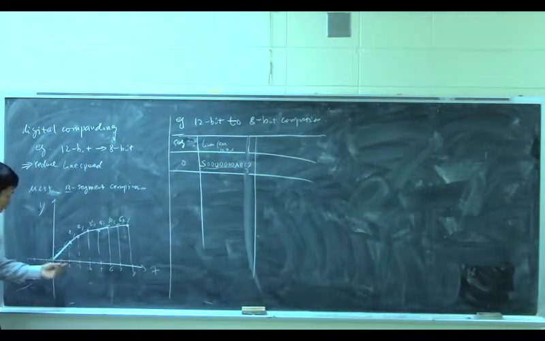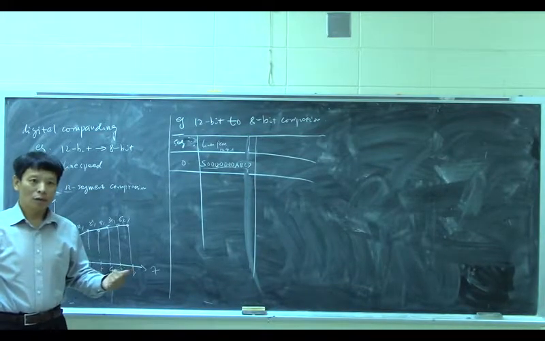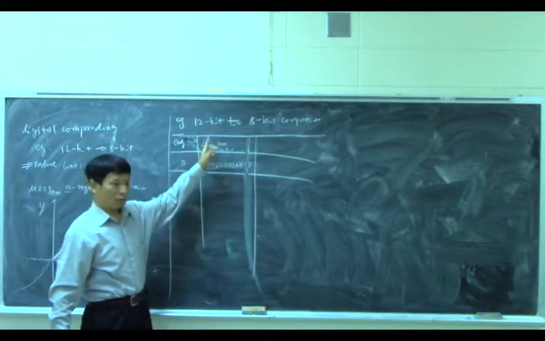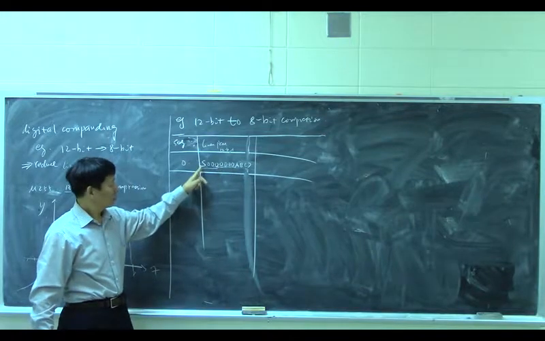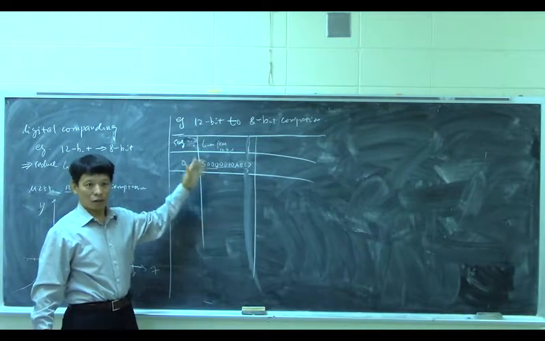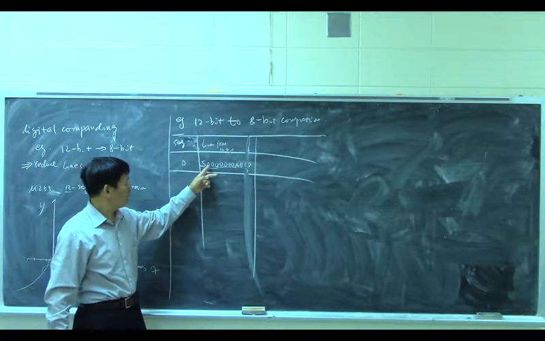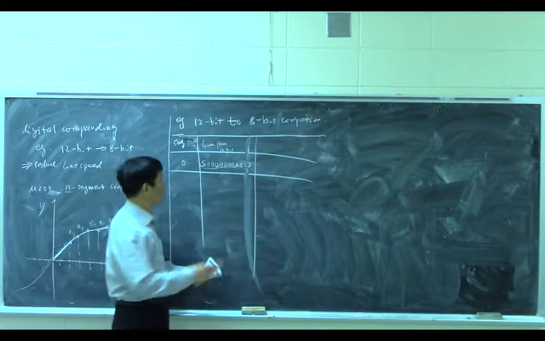If the input is on segment 0, that means it is small. So how do we define small? If the 12-digit input has this kind of form: the first one is the sign, we don't care if it is 0 or 1, representing negative or positive. Then we have 7 zeros.